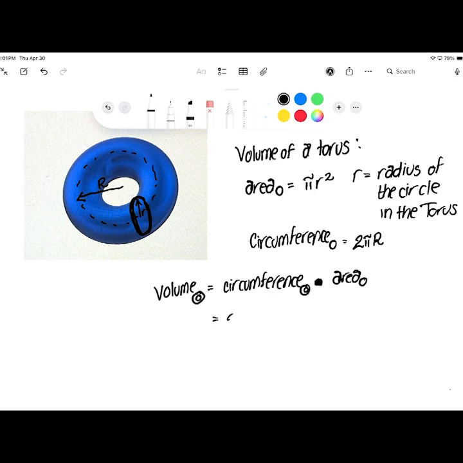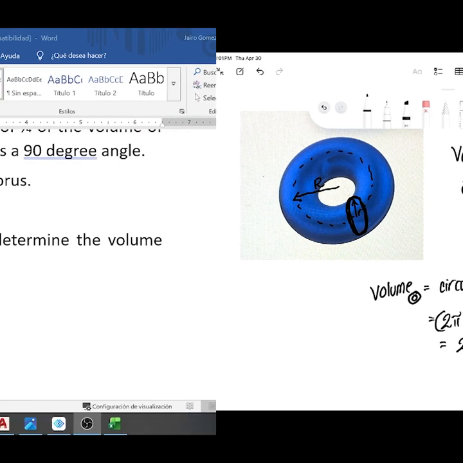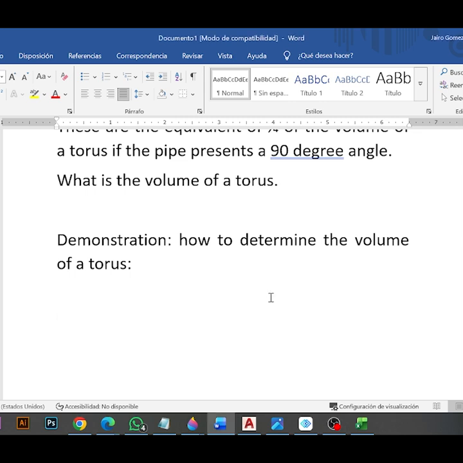So that would be 2 pi R times pi r squared. That equals 2 pi squared R times r squared. Well, if you like that demonstration, you get 2 gold stars.